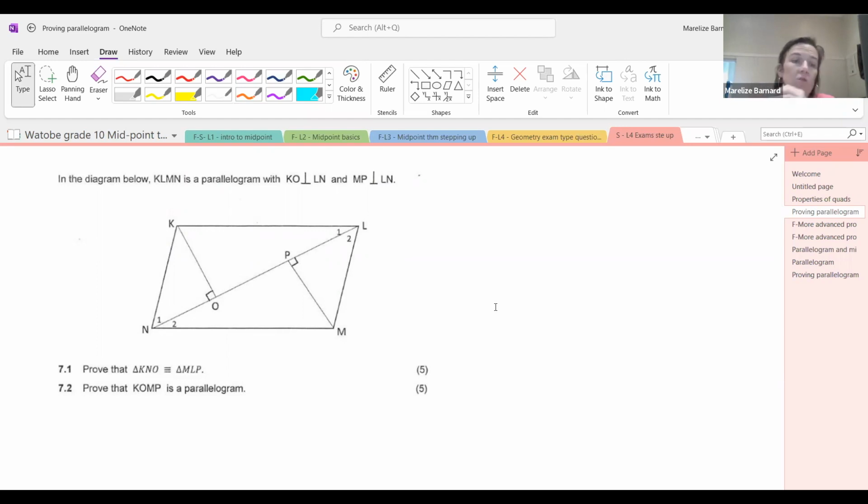So first question asks that we prove that triangle KNO is congruent to triangle MLP. Oh, let's just go back.